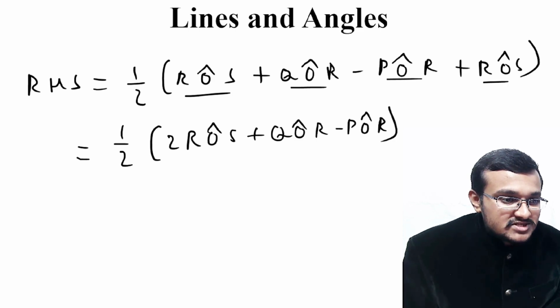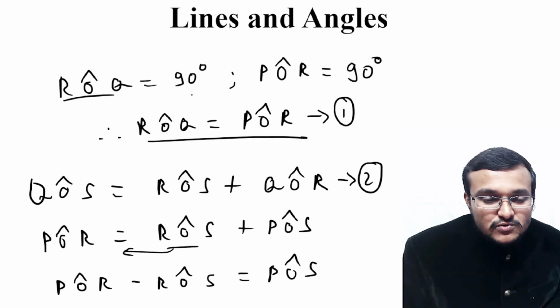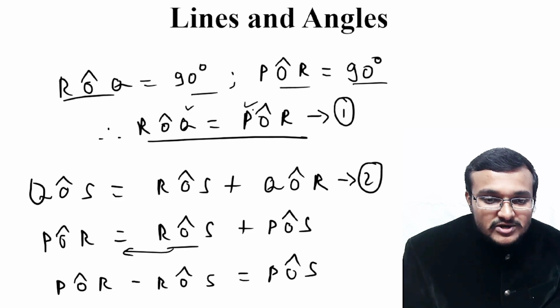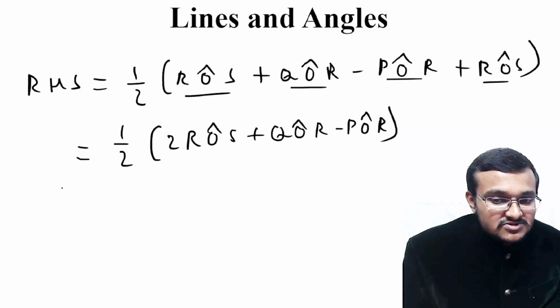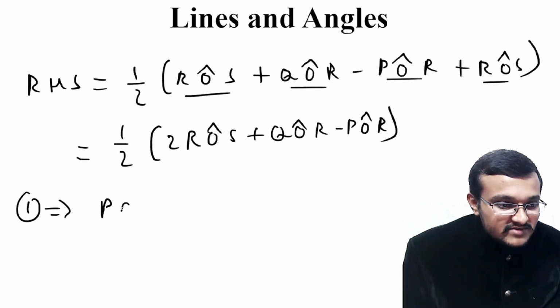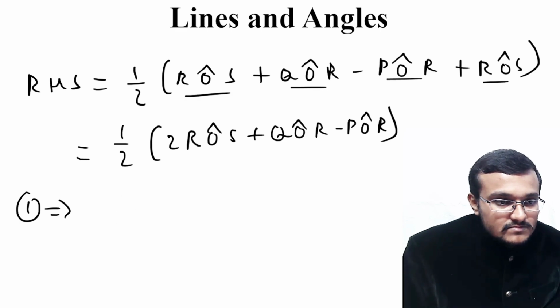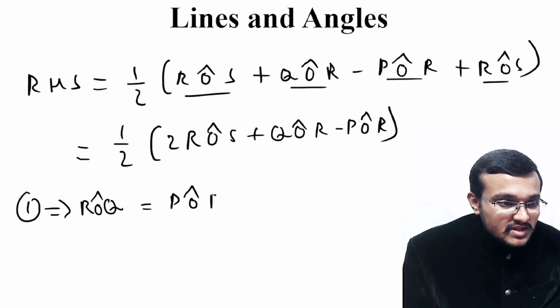Now we will look into equation 1. Here ROQ was equal to 90 degrees, and POR was also equal to 90 degrees. So ROQ and POR were equal to each other. That was equation 1, so we'll write equation 1 one more time here. In equation 1 we had ROQ is equal to POR.